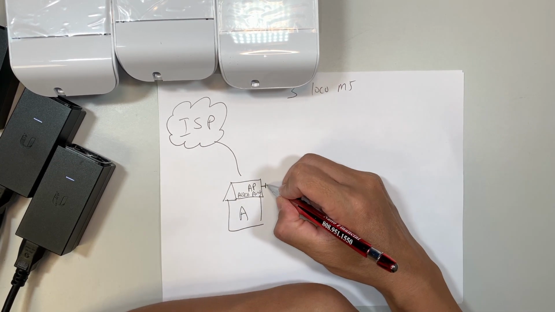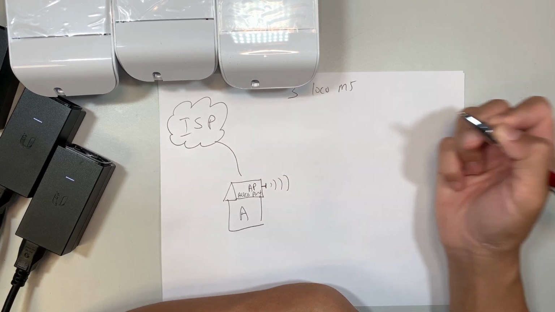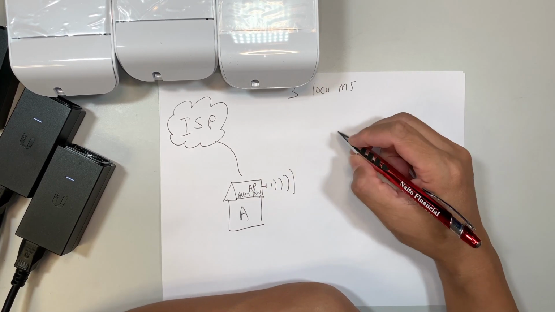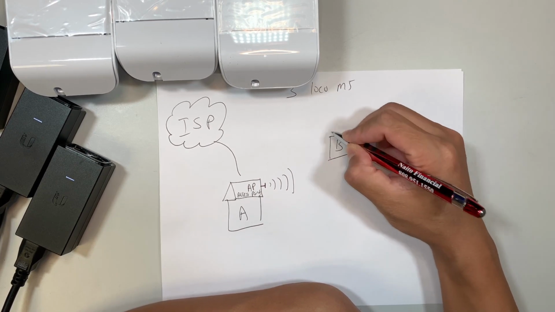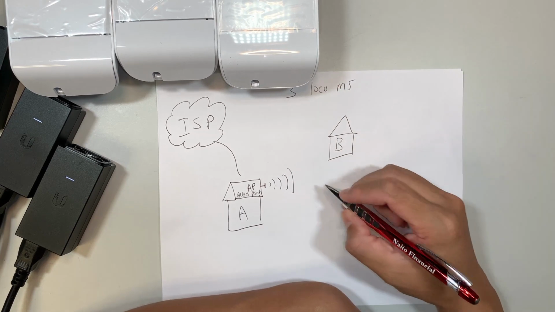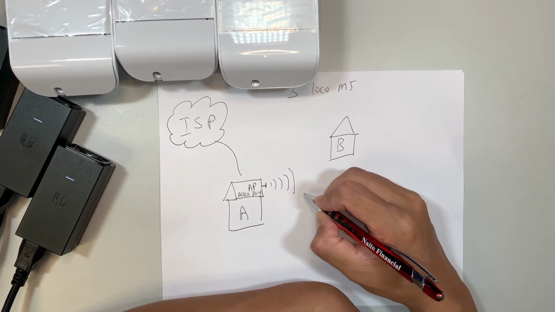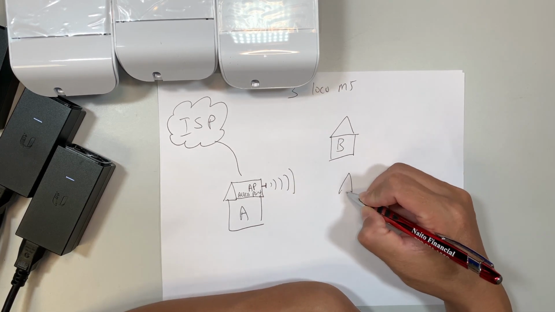This access point, the first one, will be broadcasting Wi-Fi over to B building, and can also be broadcasting to C building.